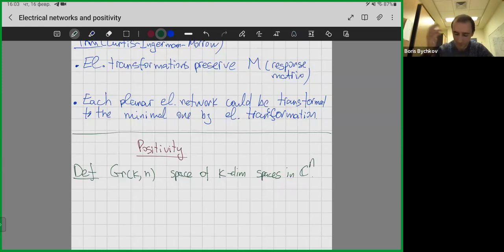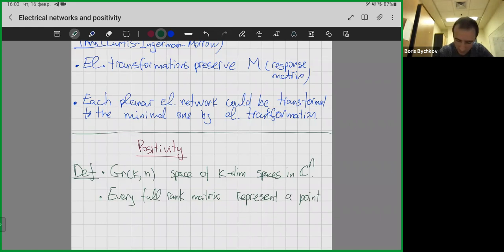Every full rank k by n matrix represents a point in the Grassmannian, and we have Plücker coordinates.